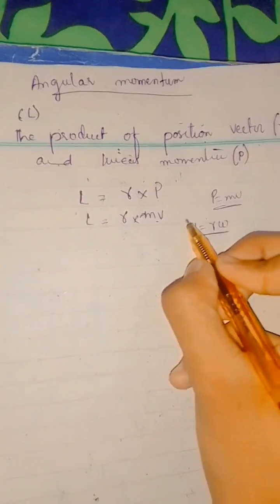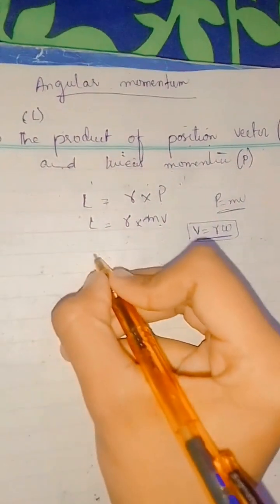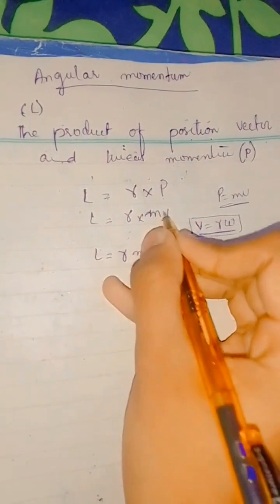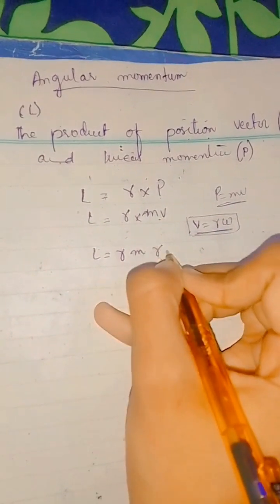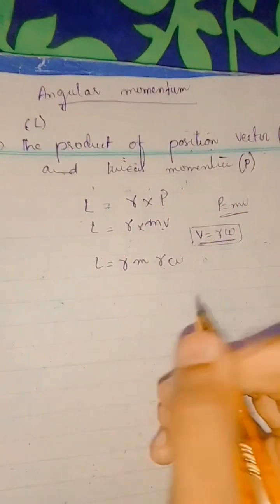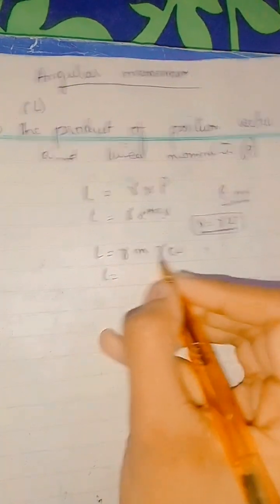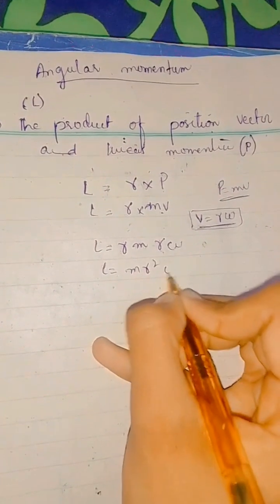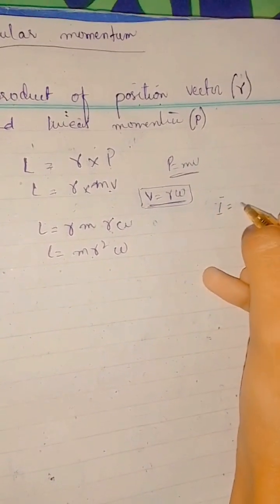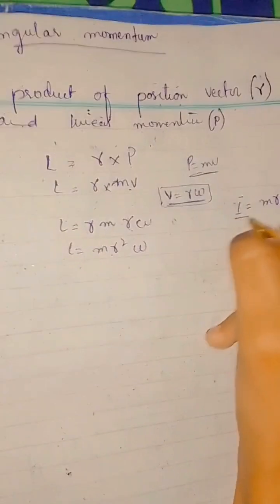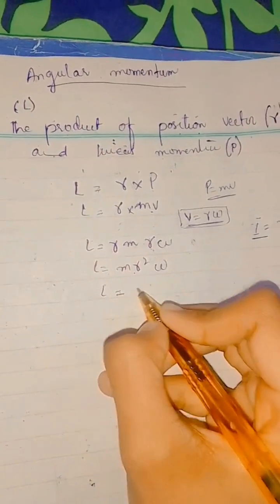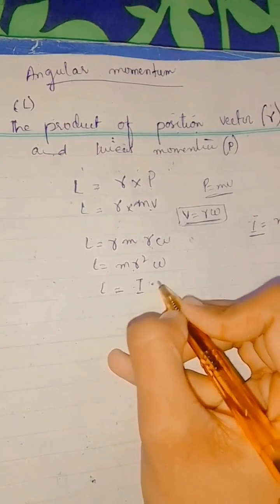That gives m r square omega. As we studied, m r square is the moment of inertia, so we can write I. So angular momentum is equal to moment of inertia into omega.